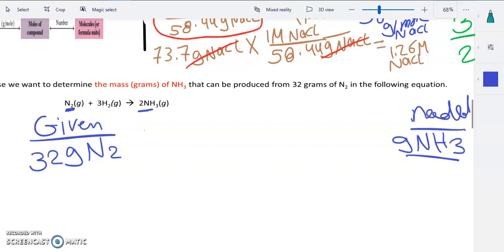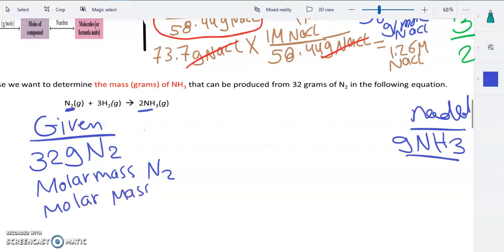So to do this, we need to extract all what we can find to help us figure it out. So the first thing that we can figure out, and the easiest thing, is the molar mass of both the reactant and the product. So molar mass of nitrogen and molar mass of NH3. Okay, so those are from the periodic table.